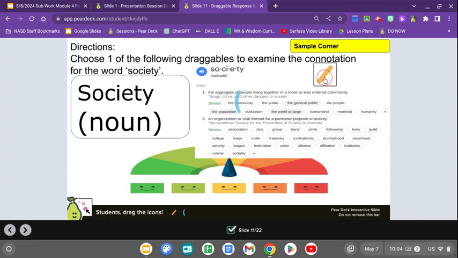Based on these words altogether, does it seem like society is overall positive, neutral, somewhat negative, or very negative? Take the time to move your orange line on your connotation meter now. Excellent.